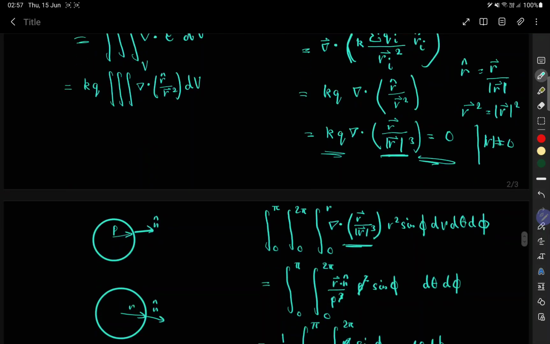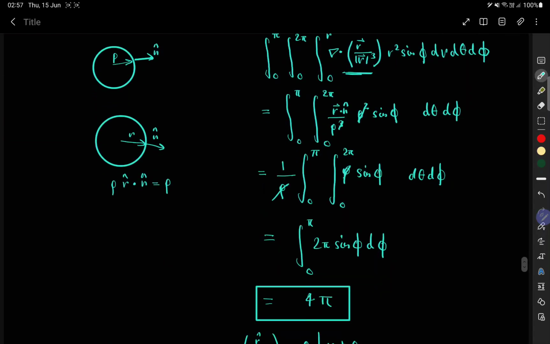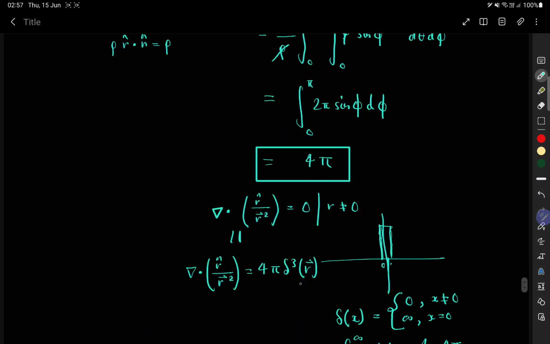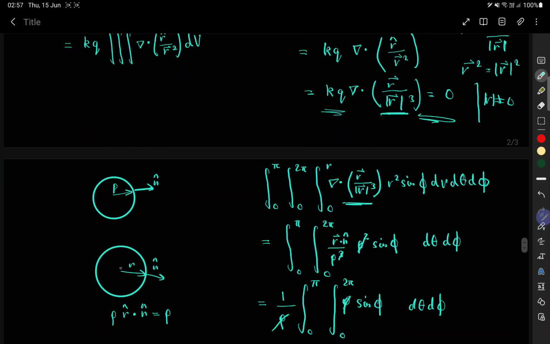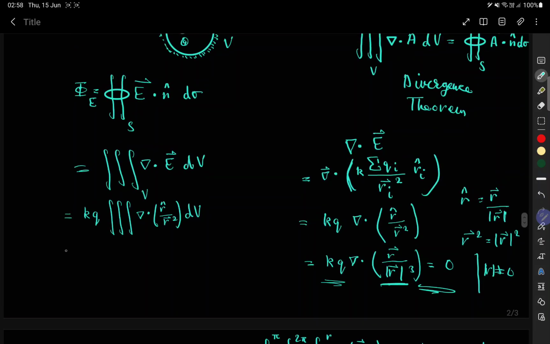And we already found this to be 4 pi. But just to be clear, that was only possible because the r vector went over the 0 vector position. And as you can see, this is a closed surface, right? So the volume of this surface should cover this point, which is the 0 vector point, where r is equal to the 0 vector.